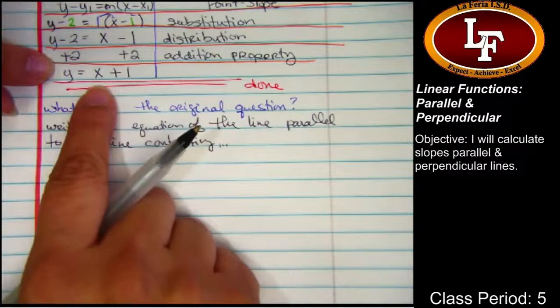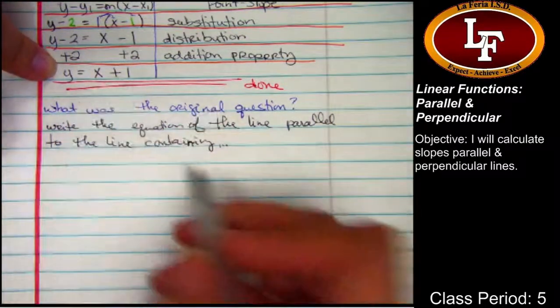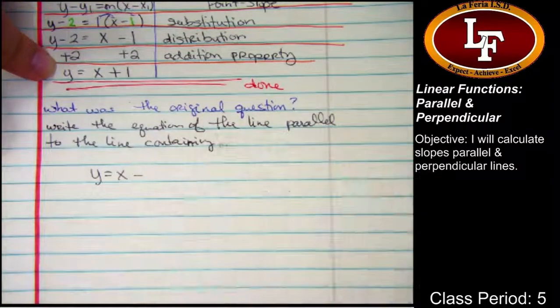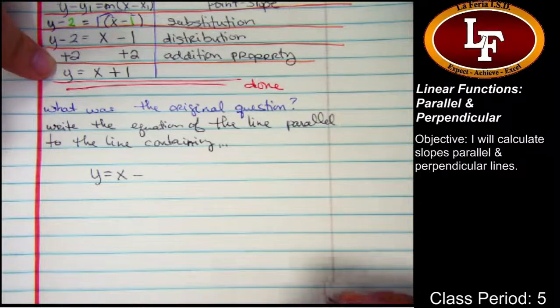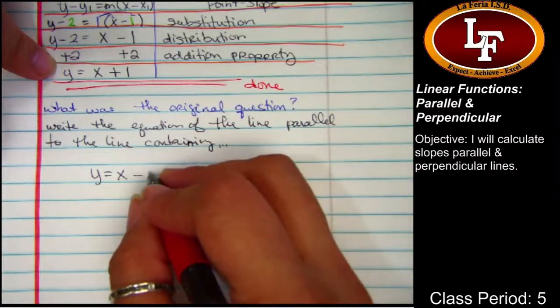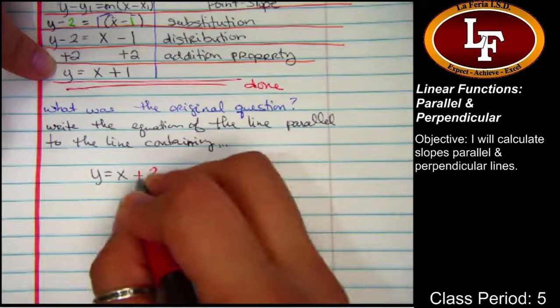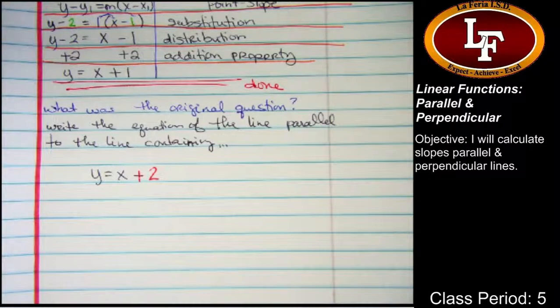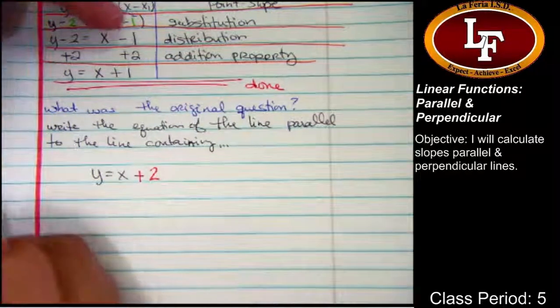So we need a line that's parallel to this line. So change B, leave M alone. Give me a new number for B. 2. Positive or negative? Positive. Boom, now we're done. The work on this wasn't really writing the equation. That's the easy part. All the hard work was getting the first equation to begin with.